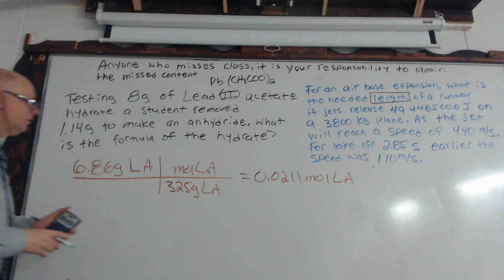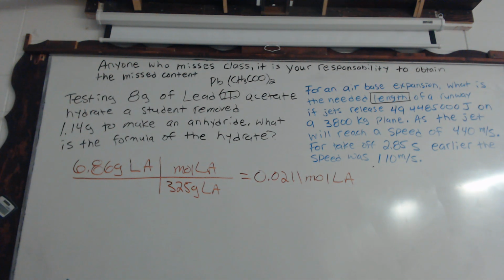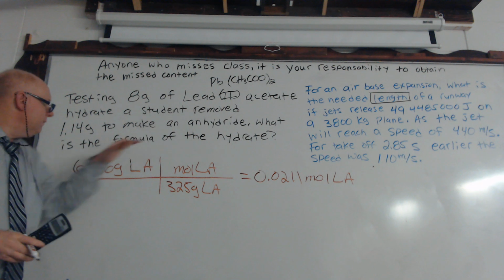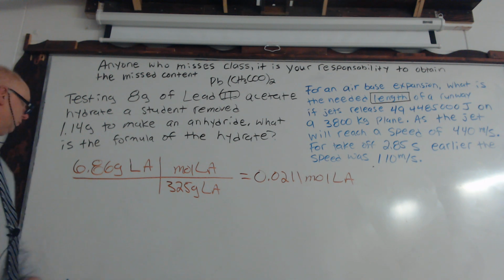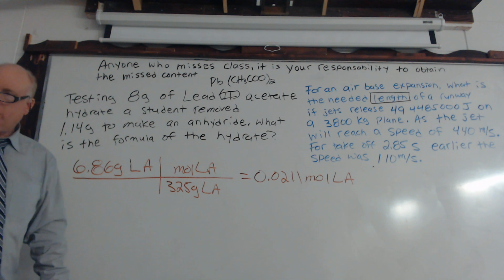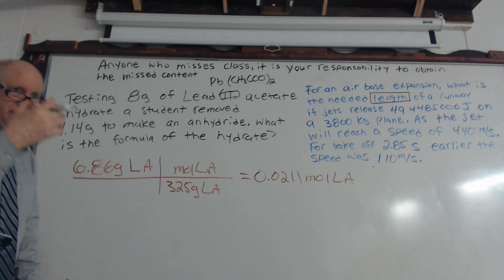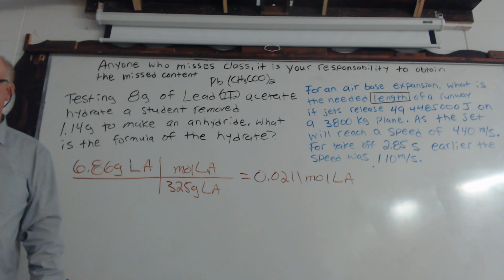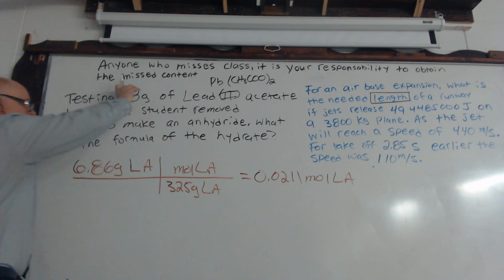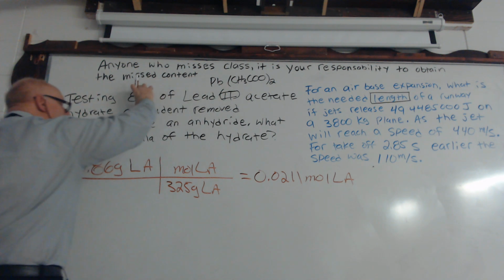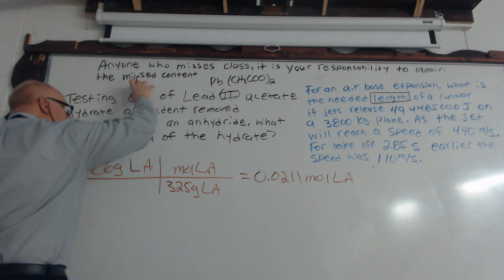Okay? So then, if they removed 1.16 grams, that must mean that 1.14, I said 6. If they removed that 1.14 grams, that must be what substance? Water. That would be your water now. Because remember, this had everything in it, had the lead acetate and the water.